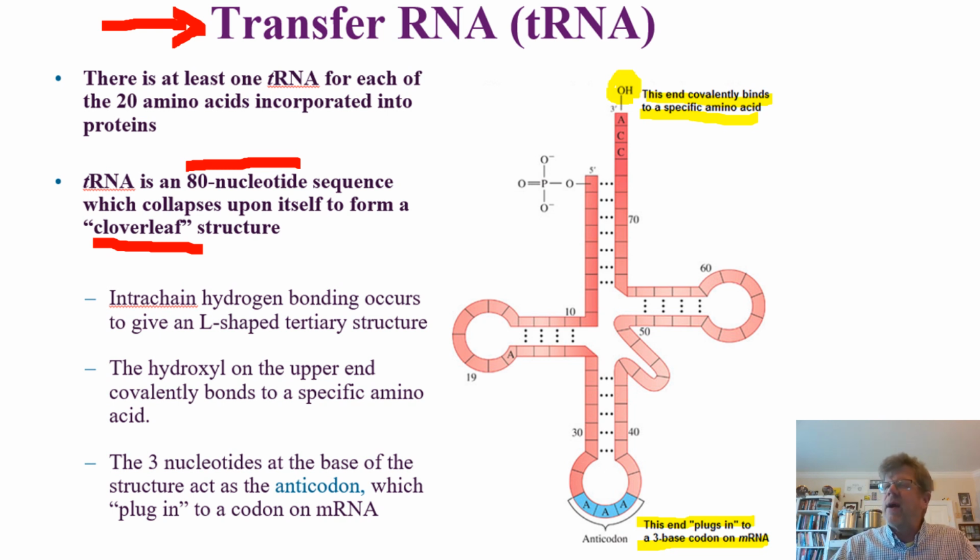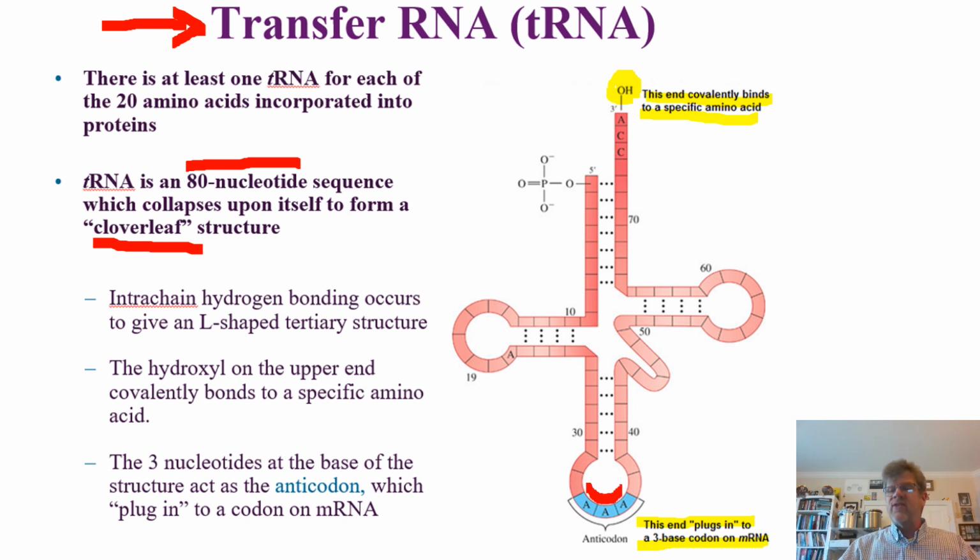Let's look back to our concept of complementarity when we talk about our 4 bases. Remember, C always associates with G, never any other nucleotide. A always associates with U in RNA parlance, and that is called complementarity. So here, if A always associates with U, notice down here on the bottom of our transfer RNA, AAA.